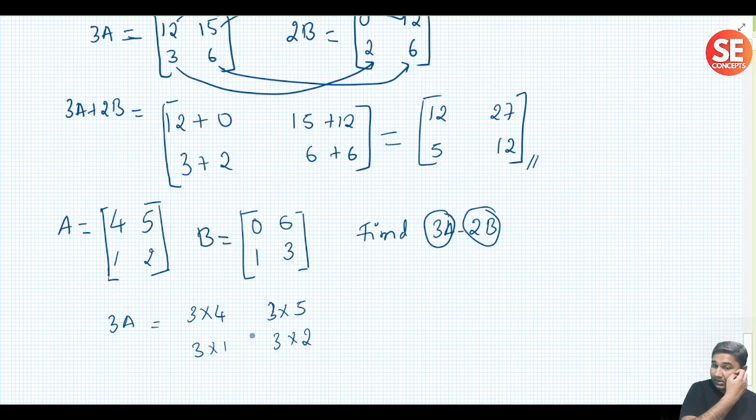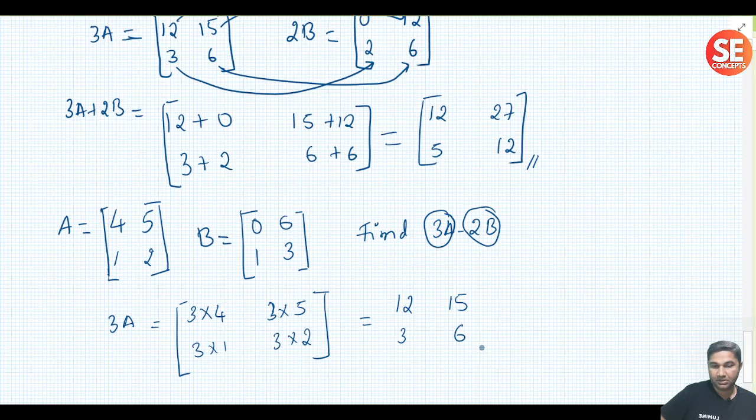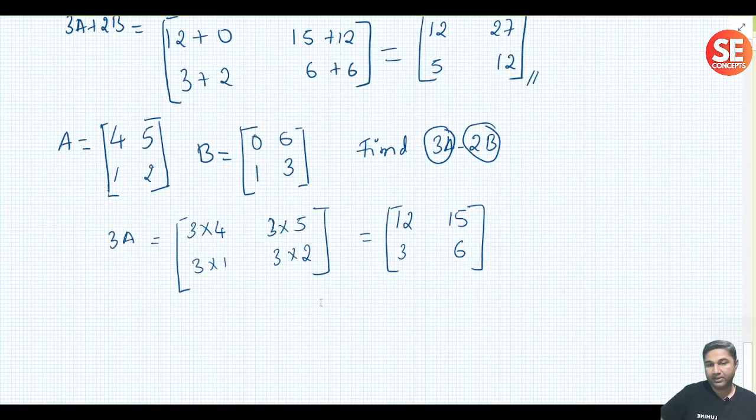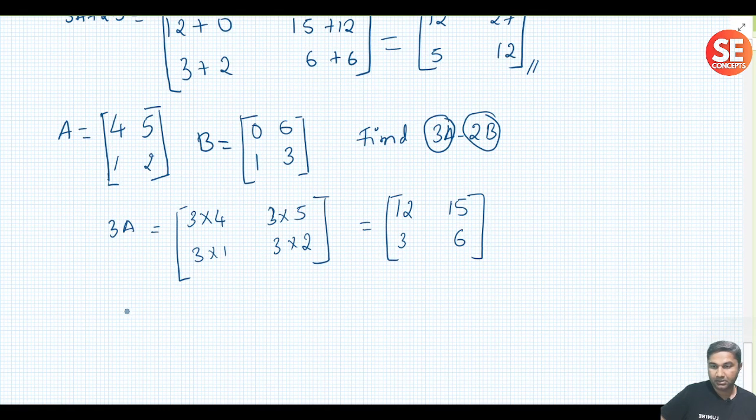Every element I have multiplied with 3. It will become 12, 15, 3, 6. This is for 3A.